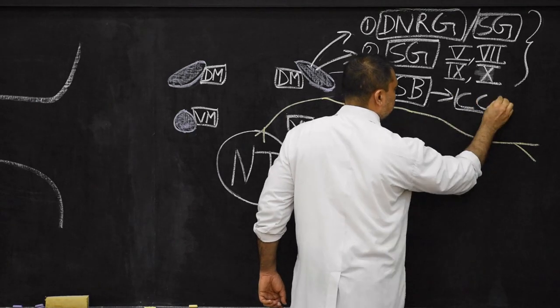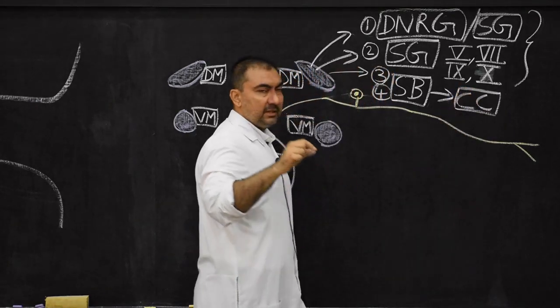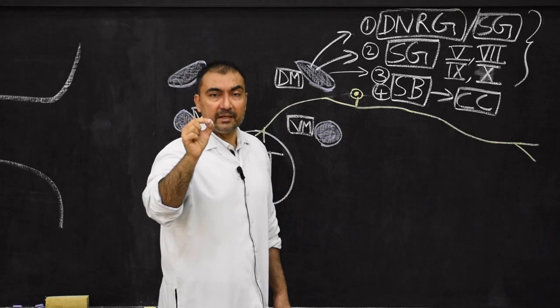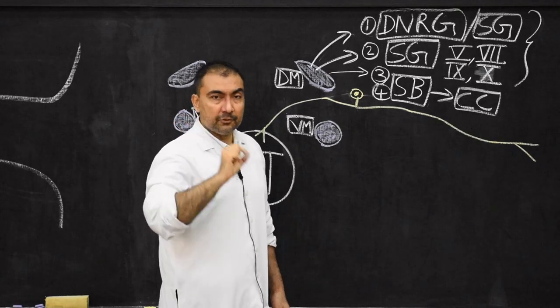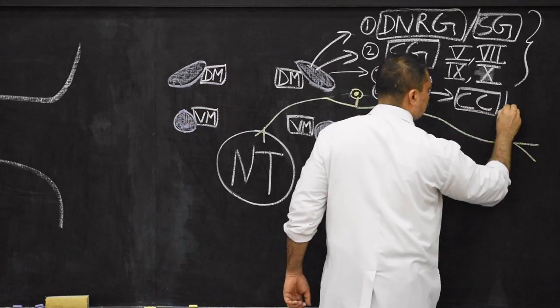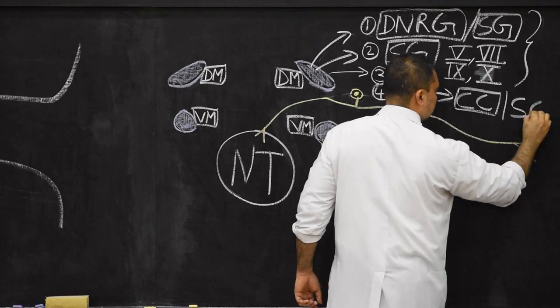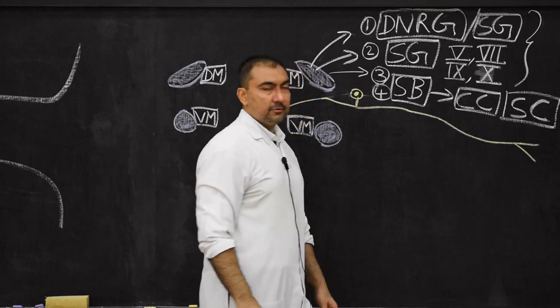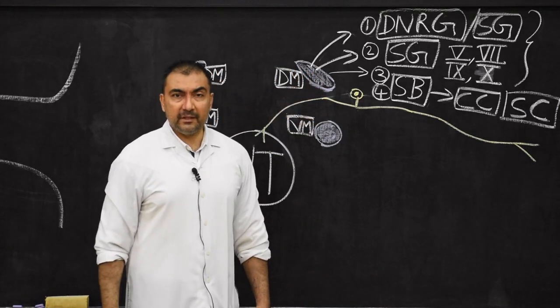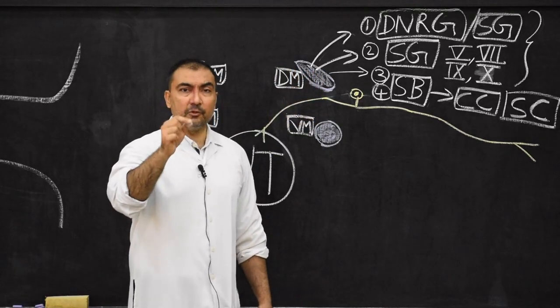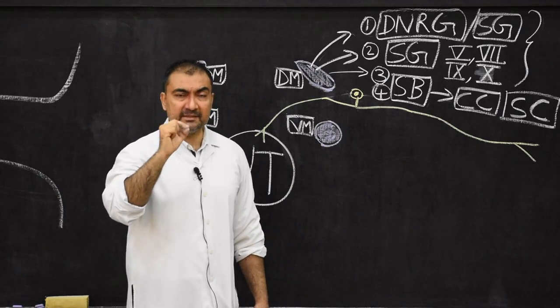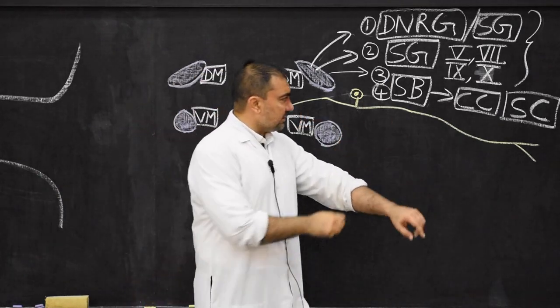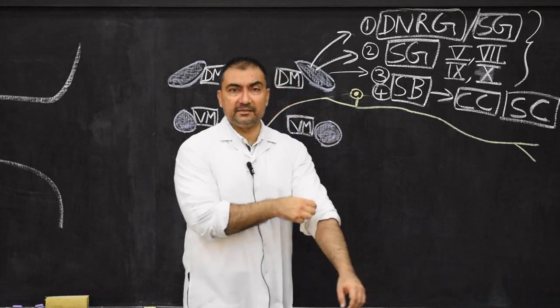They will be known as capsular cells, which will be present around the nerve cell body, the body of the neuron, and there will be development of Schwann cells. Please note down, Schwann cells will develop into the myelin sheath of the peripheral nervous system as well as the neurolemmal sheath.